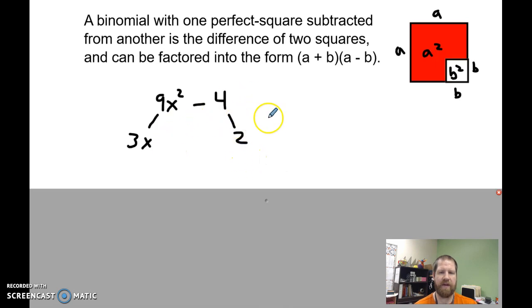If I was factoring this, I would have binomials of 3x plus 2 and 3x minus 2. And that would give me 2 times negative 2 is negative 4, and 3x times 3x is 9x squared. 3x times negative 2 and 3x times a positive 2 cancel each other out.